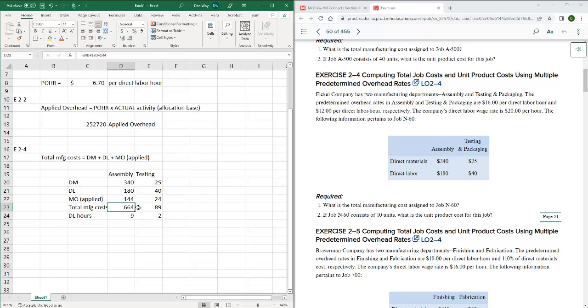Okay, so there's the total costs assigned in each department. Now we are looking for the grand total for the job as a whole, so I can just add those two numbers up. 664 in assembly, 89 in testing, for a total job cost of $753.